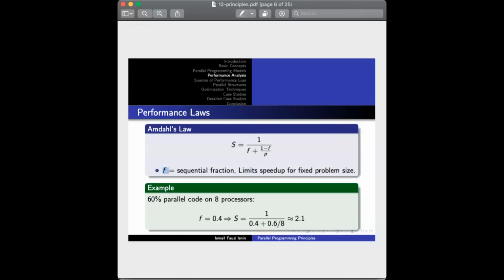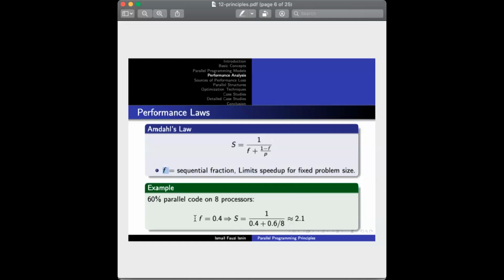Let's step through a concrete example. Suppose we have a program where 60% of the code is parallel, running on 8 processors, which means our sequential fraction F is about 40%, or 0.4.